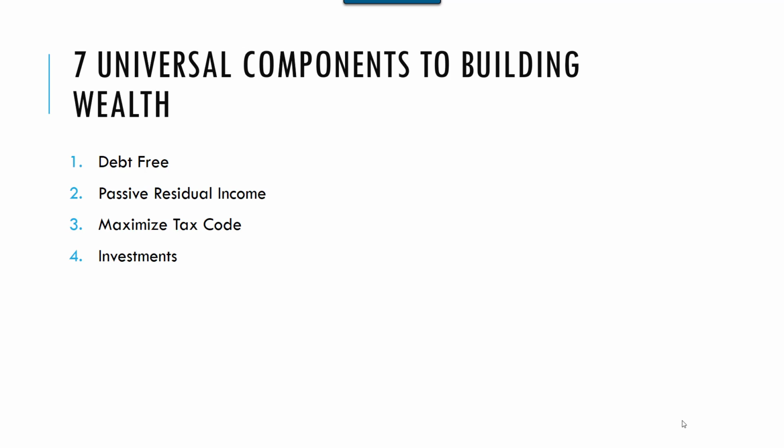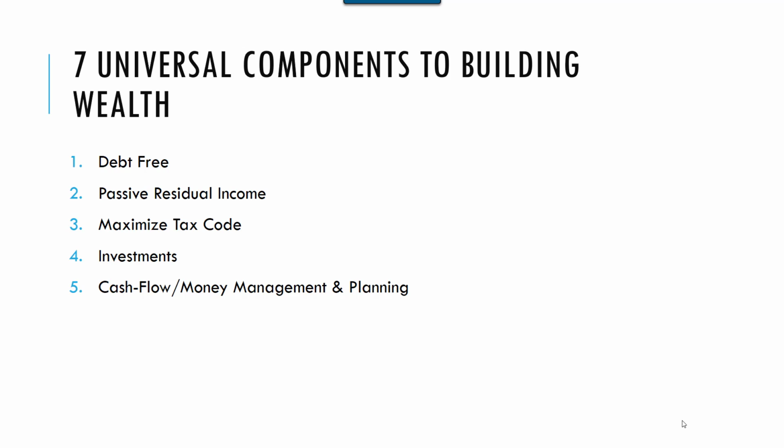Investments are things like stocks and bonds, mutual funds, insurance policies, IULs, businesses. Those things that as you make an initial investment will pay you a rate of return over some period of time.